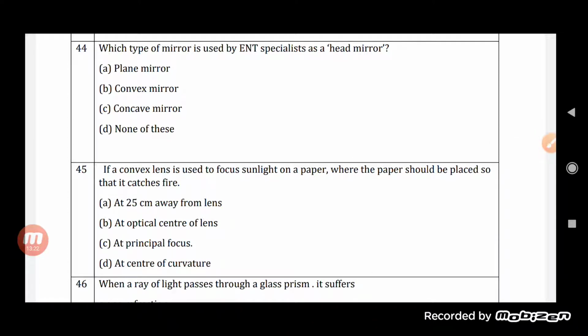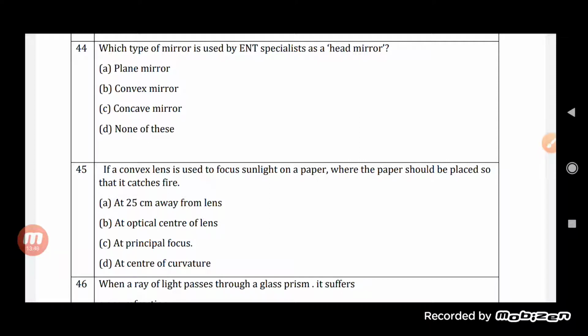Now, which type of mirror is used by an ENT specialist as a head mirror? ENT specialist means ear, nose and throat. Okay, so what kind of mirror will they use as a head mirror?